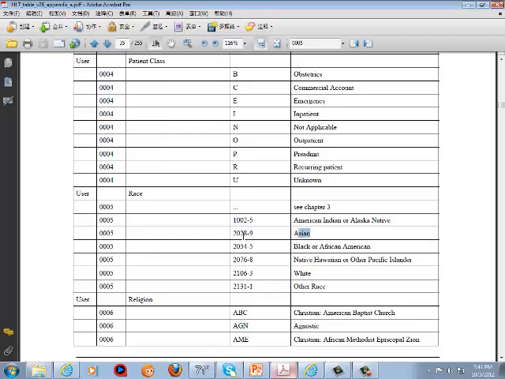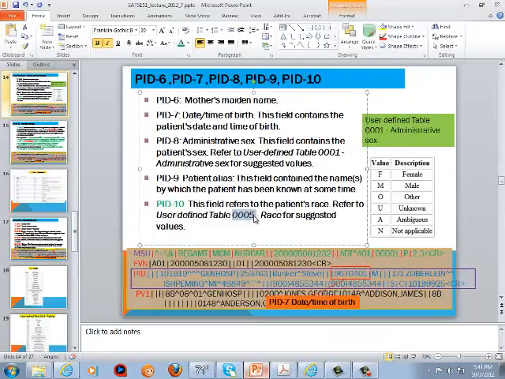Asian is 2028-9. Black or African American, that's 2054-5. White is 2106-3. Others they put 2131-1. So that is table 0005. That means this is what should be used for PID10 here.